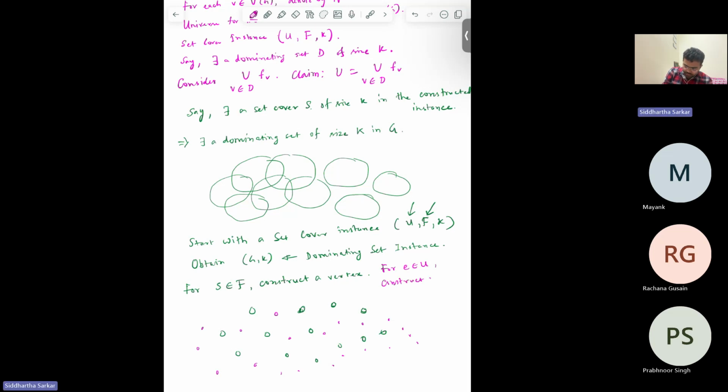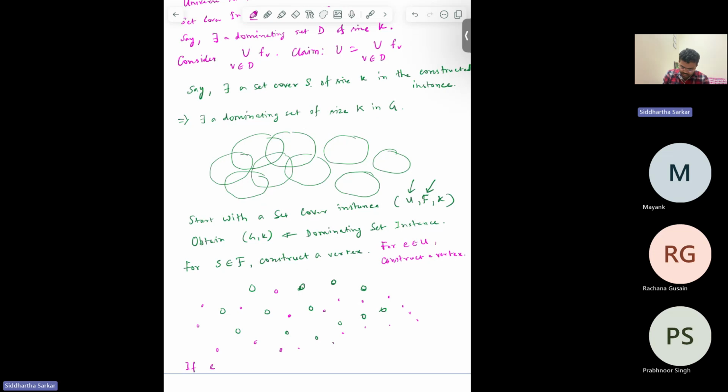So now we can define the edges. If an element E belongs to a set S, then add an edge between the corresponding vertices. For example, let us say this is an element which is part of multiple sets, let us say 3 sets. So you draw edges between this element and those sets which contain this element, and so on.